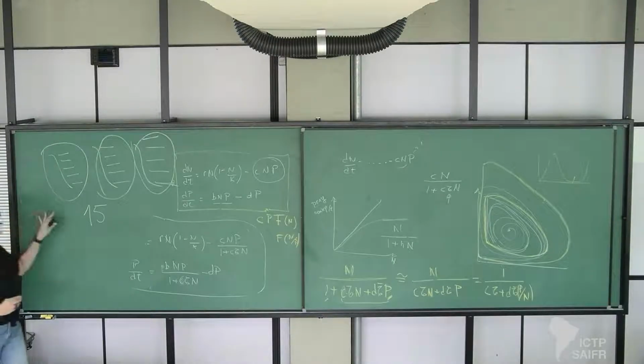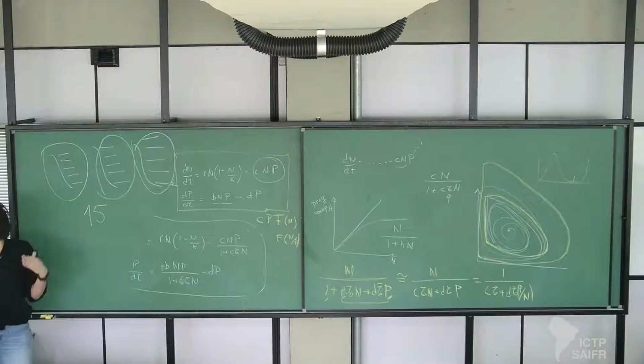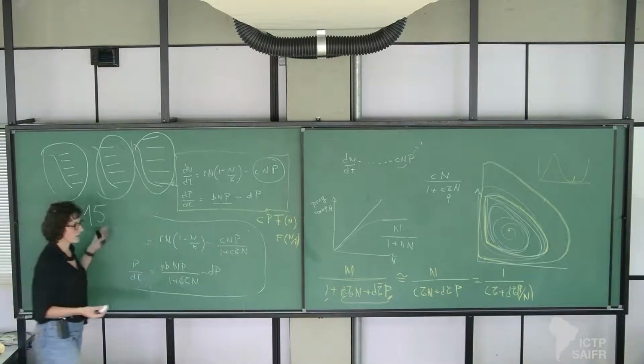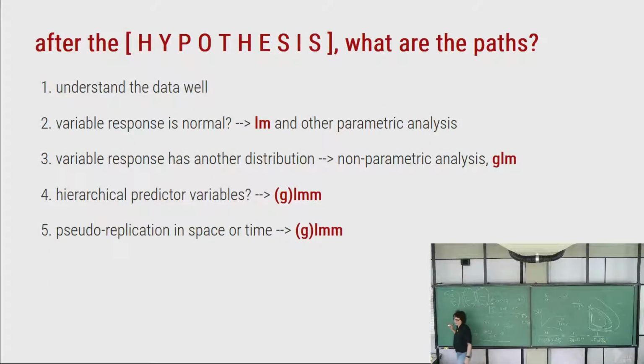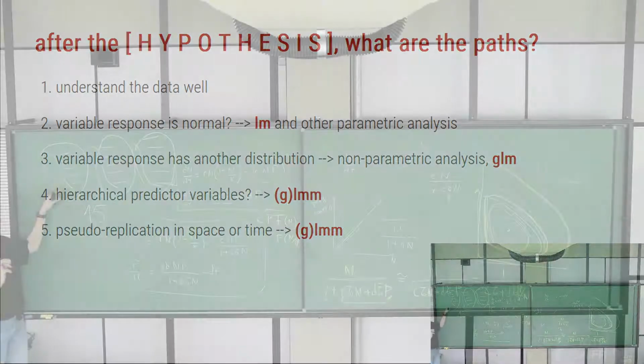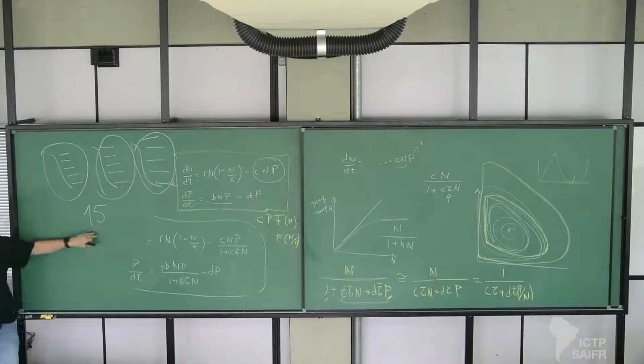This is a typical hierarchical design. This is super common in ecology. When we have experiments, we can have things like that too, a similar structure. So this is a hierarchical design, okay? If I treat this as 15 unique observations, I would be doing pseudo-replication on space, okay?